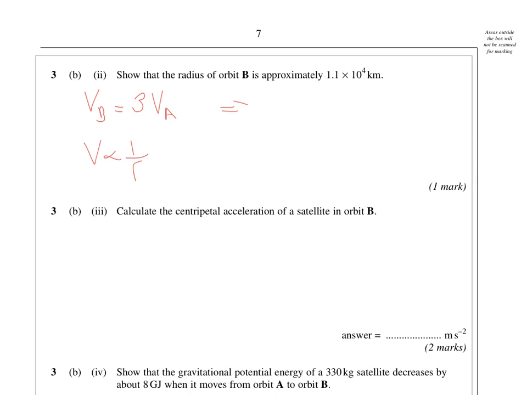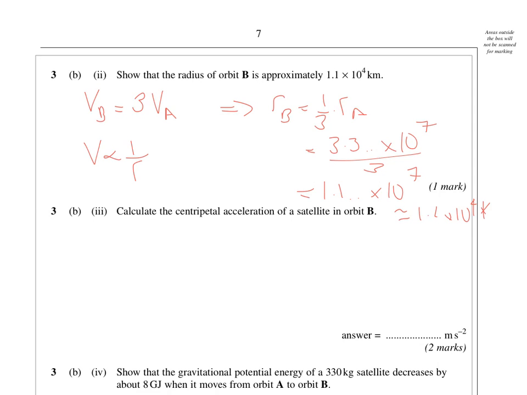So the radius of B is going to be 1/3 of that of the radius of A, which is 3.3 times 10 to the 7 divided by 3, which is going to be 1.1 times 10 to the 7, which is approximately 1.1 times 10 to the 4 kilometers.